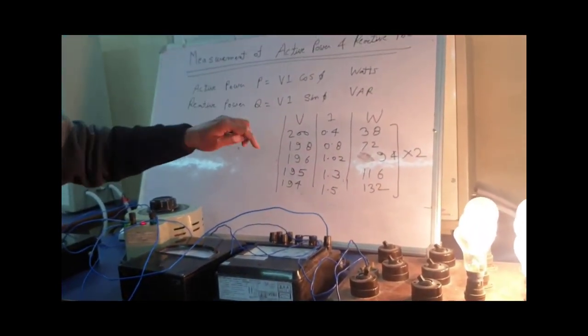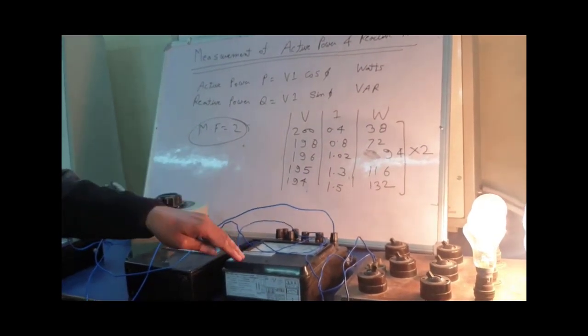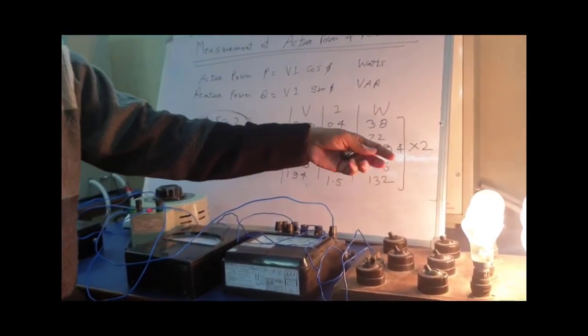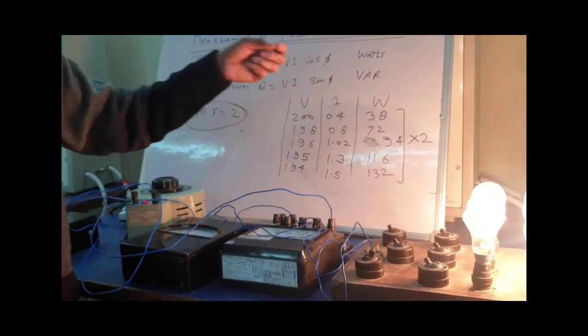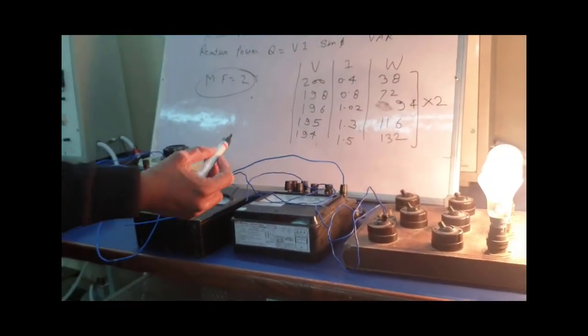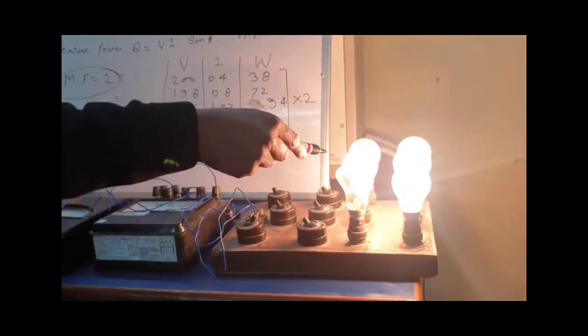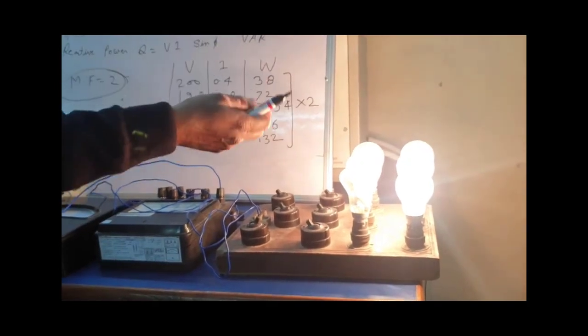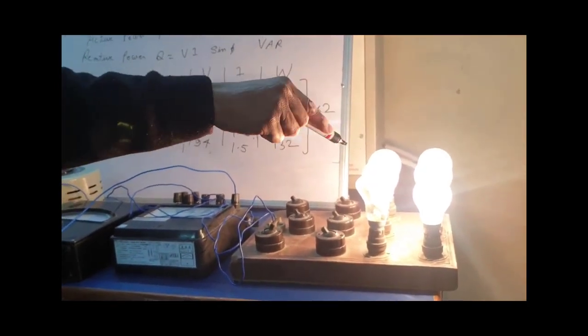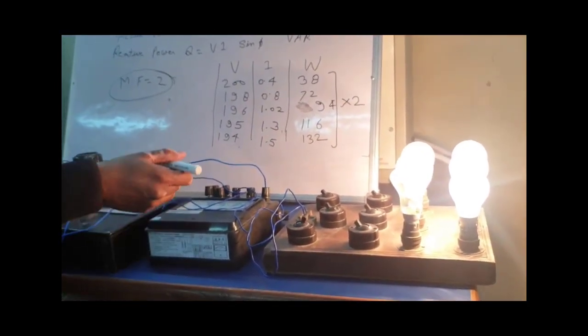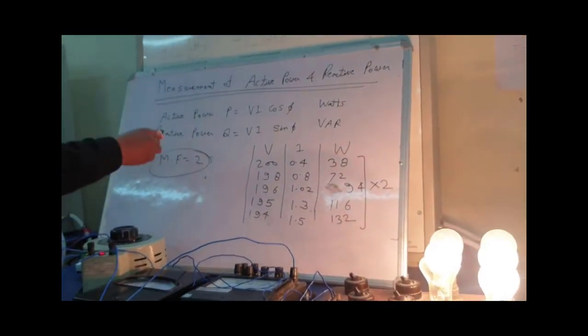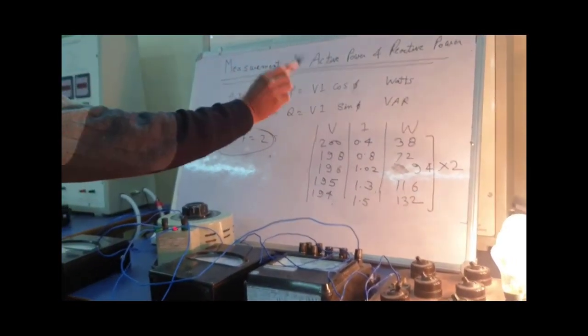So we learn with the help of the wattmeter how to measure the power of a particular electrical load. In that condition, we are measuring the power of all these 5 bulbs, meaning how much power is consumed by all these bulbs. So you have already learned the power measurement, how to measure the active power.